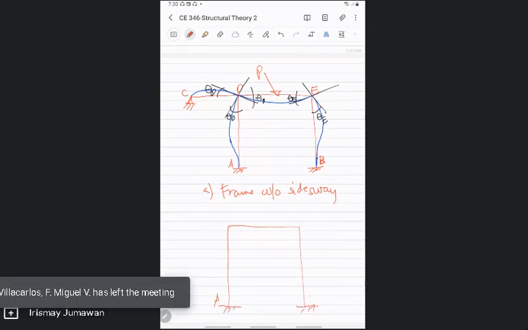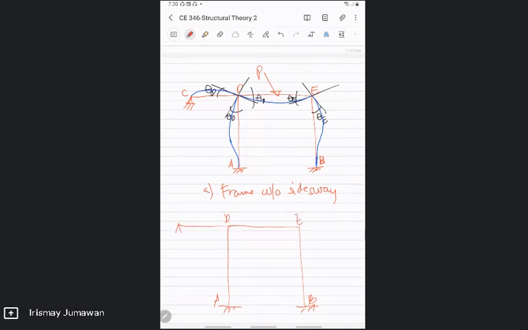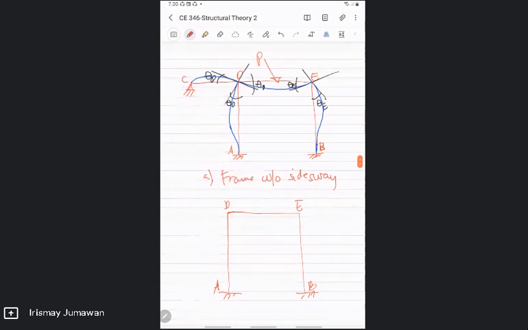This is your A and this is your B, and C. So in that case, if I get this member, A still can be free from, or no, it's not free.